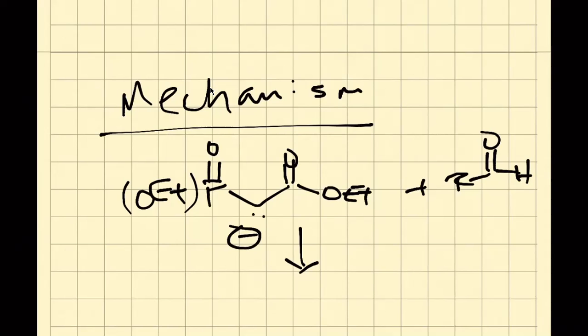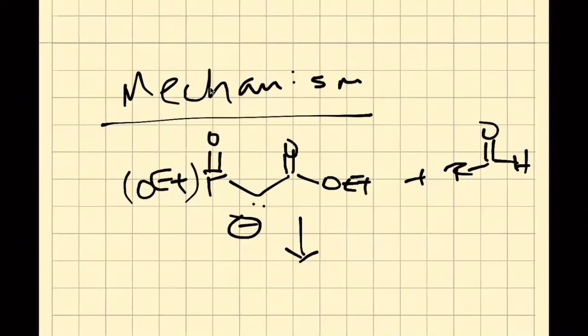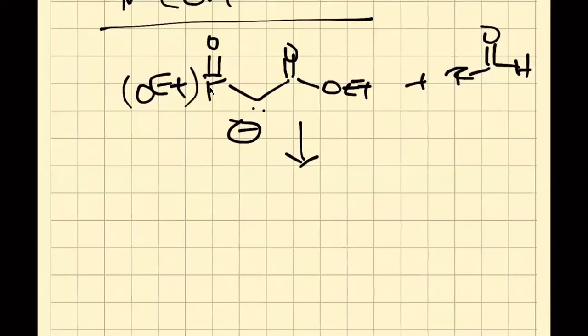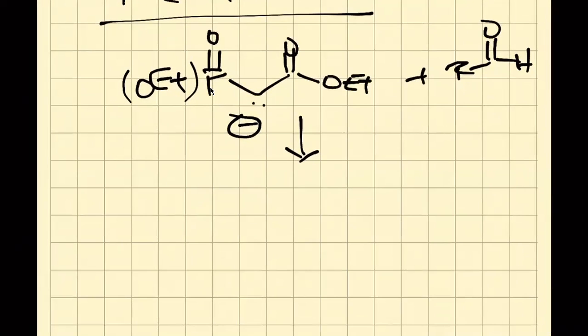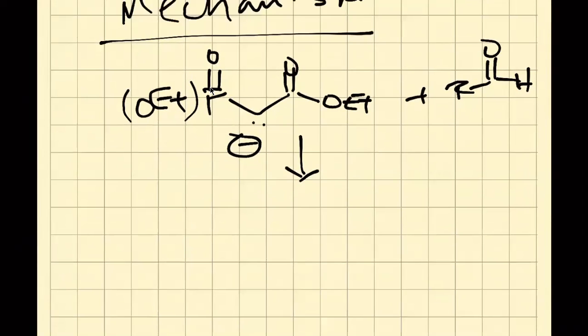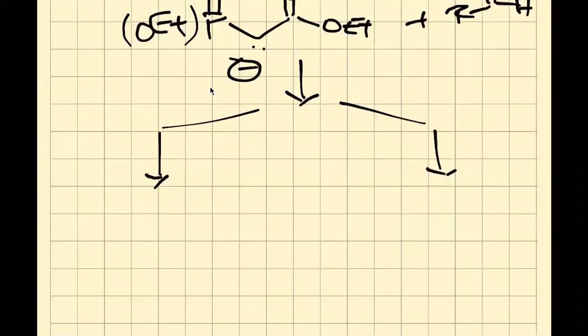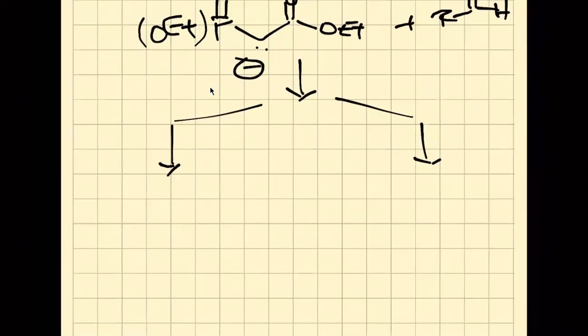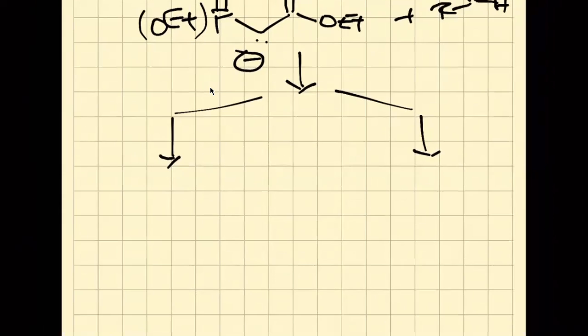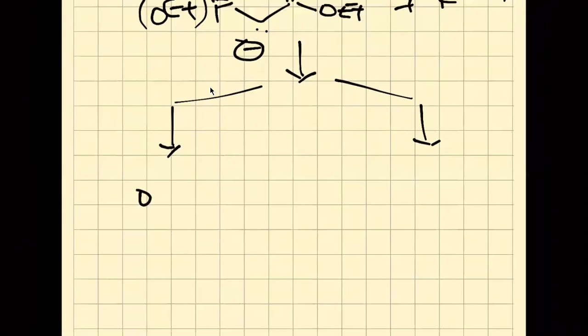All right, so now the cyclization part is fast for the cis, and I'm going to draw this as a betaine, even though we already discussed the fact that it's not necessarily going through that.